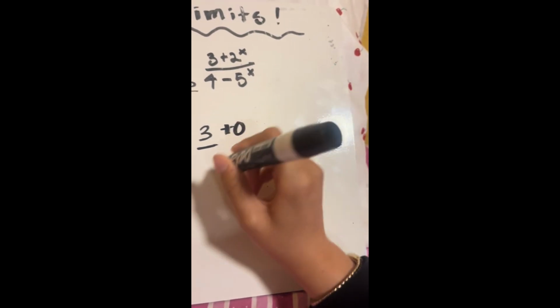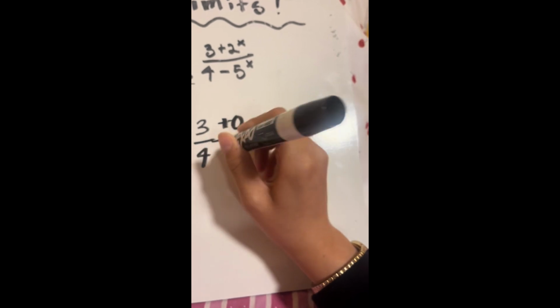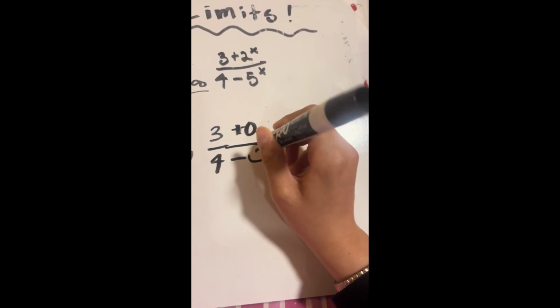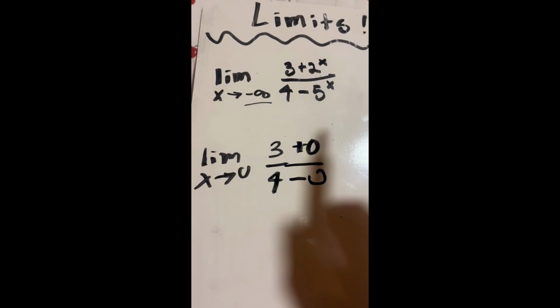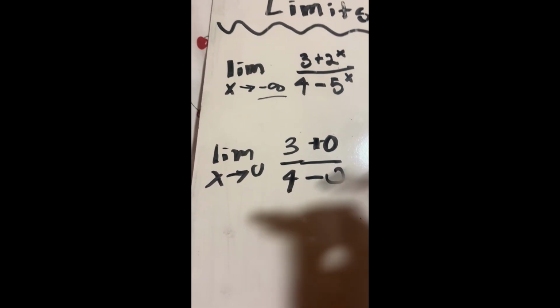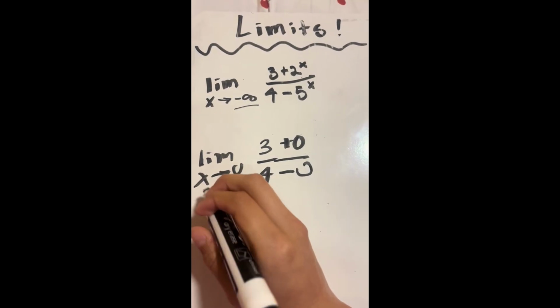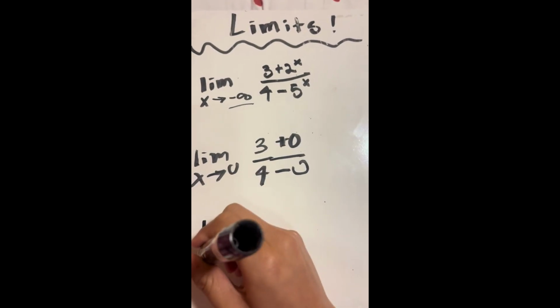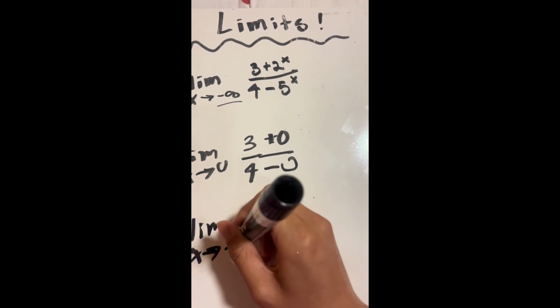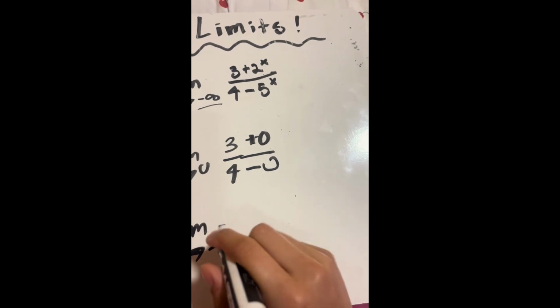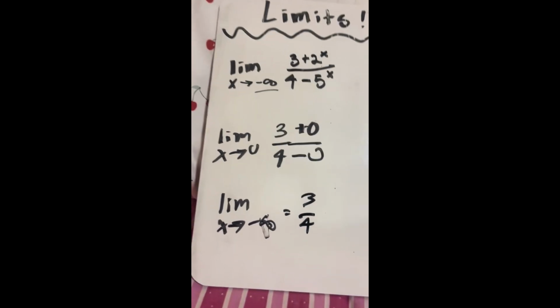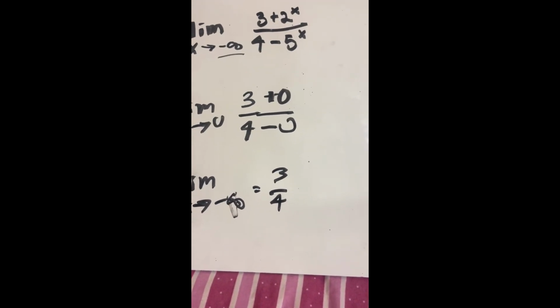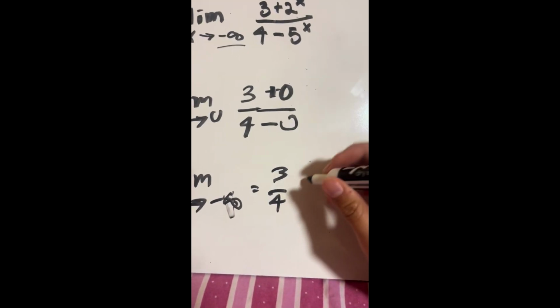This becomes plus 0, and this becomes minus 0, and then we know 3 plus 0 is 3, and 4 minus 0 is 4. So our answer becomes, as the limit approaches negative infinity, it is equal to 3 over 4. And that is how many cups of sugar we'll be needing.